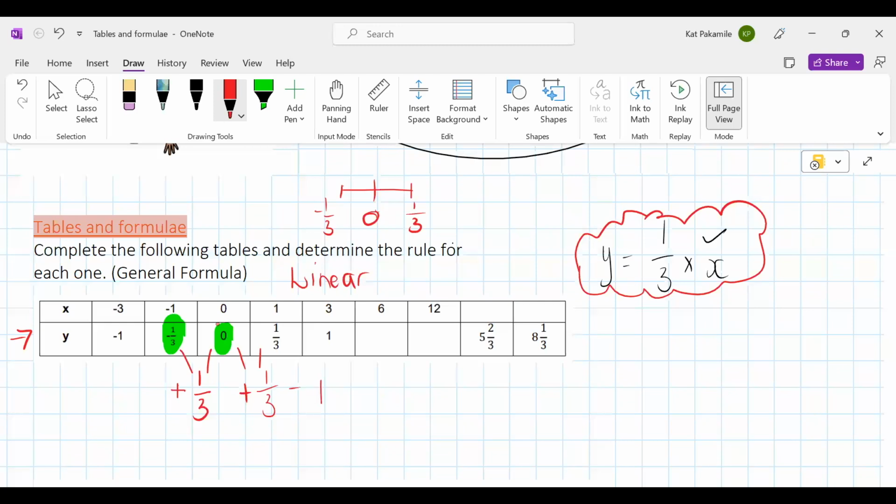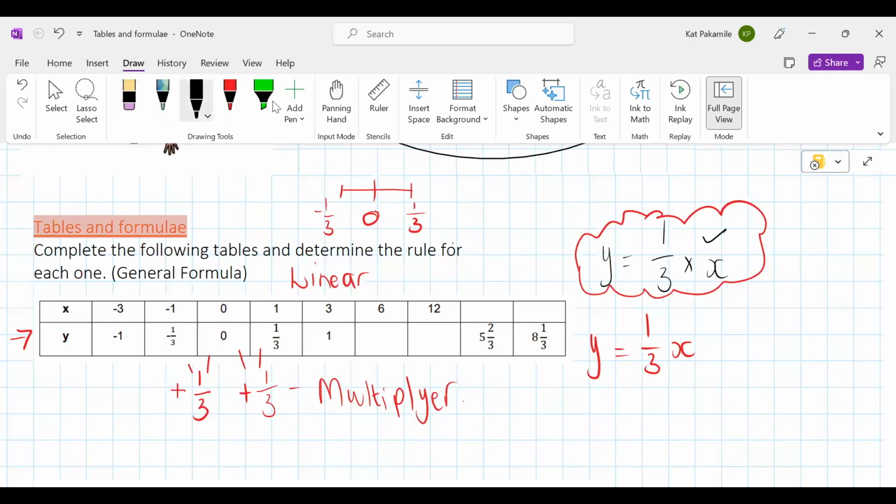Once you have that, you're going to make your plus 1/3 the multiplier. That means you're going to multiply 1/3 with something. So we want a formula that says y equals 1/3 times x. And then we want to check, do we need to add or subtract anything to get the output we want? Are you with me? Yes, ma'am.